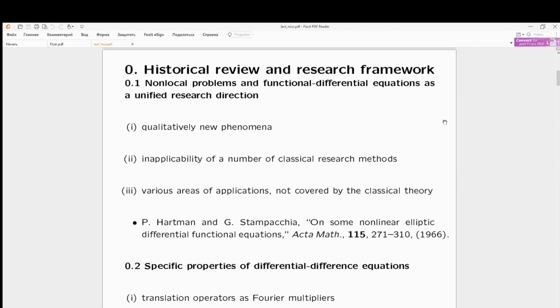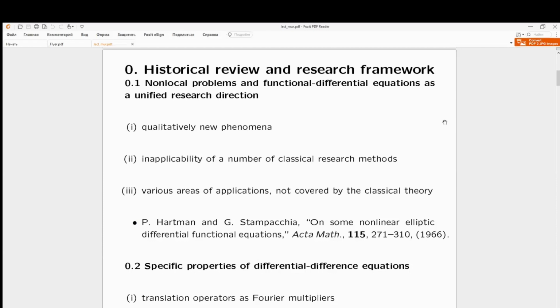Suppose that we take a differential equation of any order and add just one term like u, which is the desired function of t. Let it be even an ordinary differential equation.